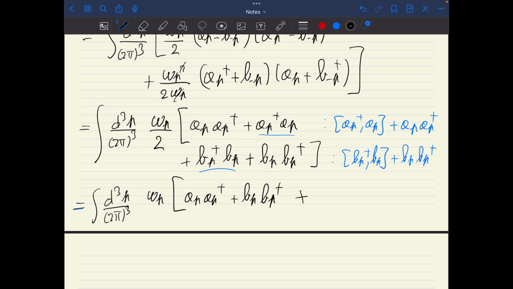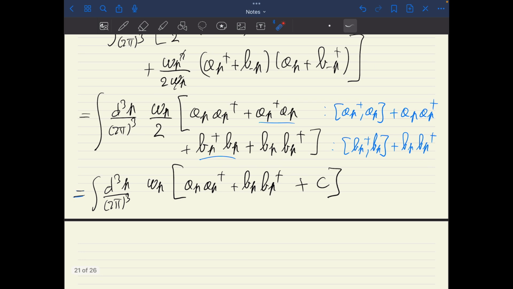Now we have extra terms. The extra terms that we have are these commutators, which are actually infinite numbers, but this is an energy that we can reabsorb somehow in the definition of the field, or we can see later as well that with what we call the normal products, we can get rid of them.